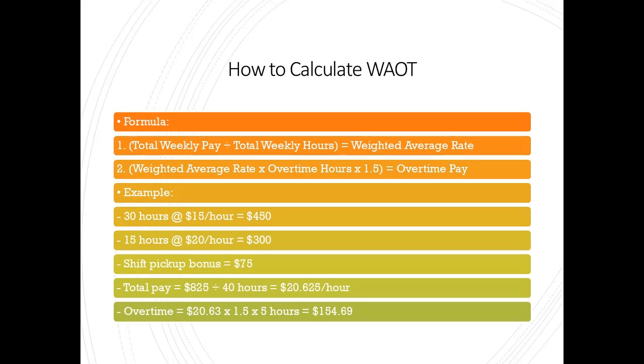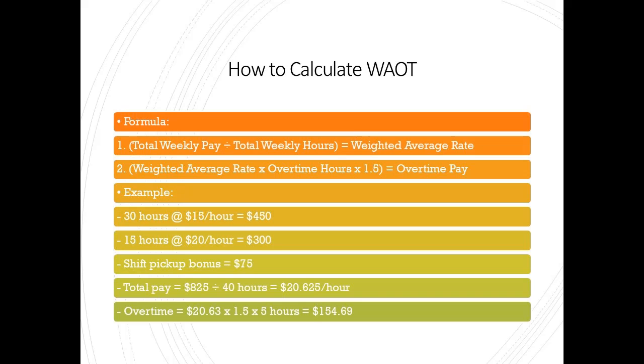So we need to calculate all of that at the initial base rate plus the shift bonus. That brings us to $825. And then we divide that to get an adjusted base rate of $20.62 per hour. Then we calculate our overtime amount based upon that rate.